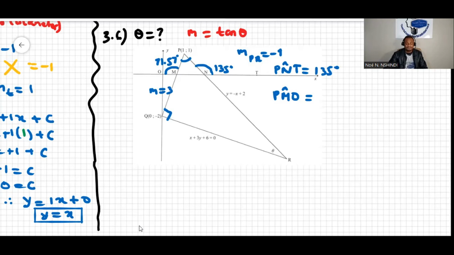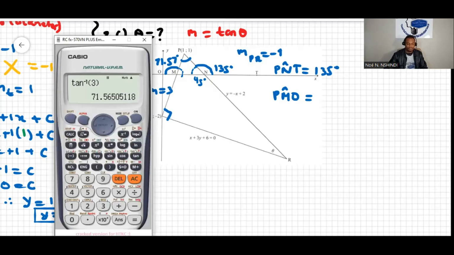Now, there is a property. If I need to find P, for instance, I can just manipulate these angles. If this is 71 degrees, we can see angle in a straight line. This angle is 45 degrees, and that angle will be 90 minus 71.57.